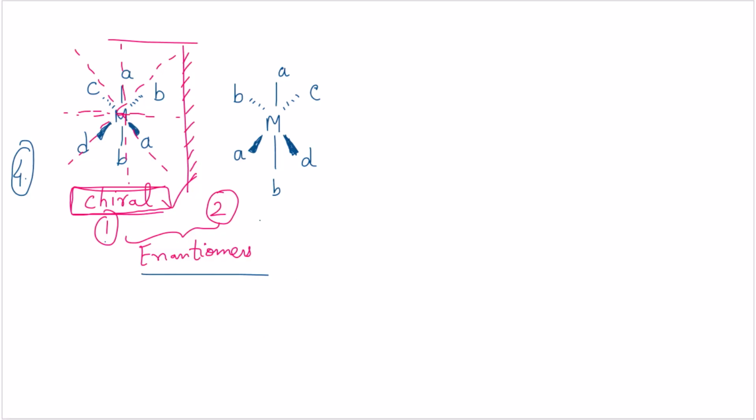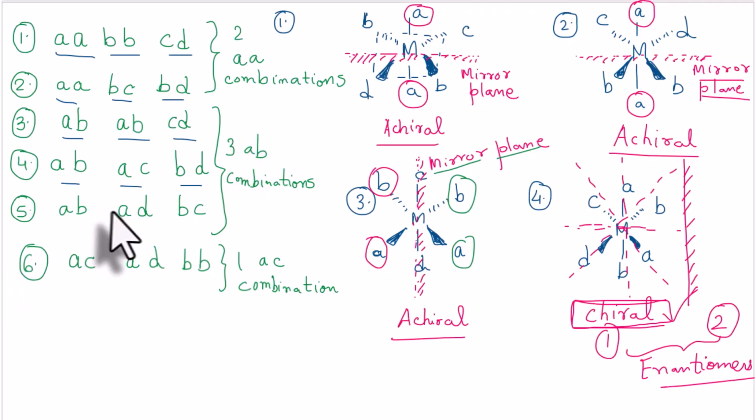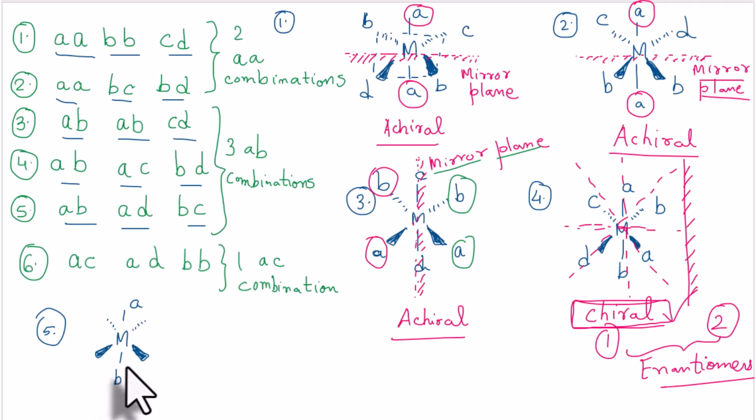Now going back to our previous slide, we move on to the fifth structure, AB, AD, BC. We write AB here, one on top, the other at the bottom. Then we have AD, here in trans position, and then we have BC, B and C, another trans position.